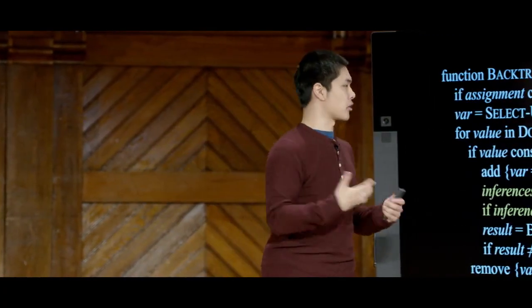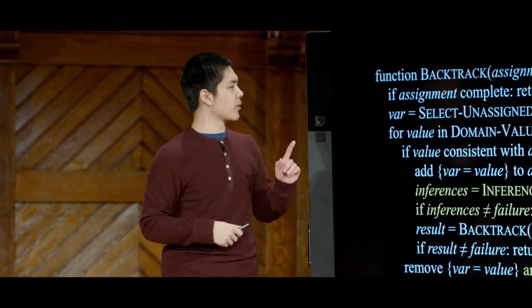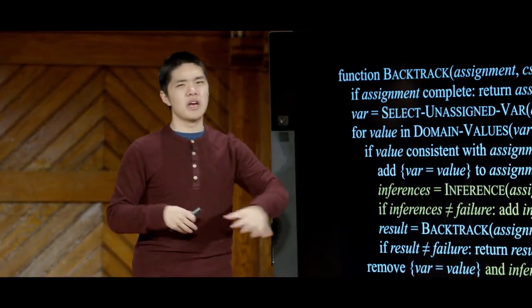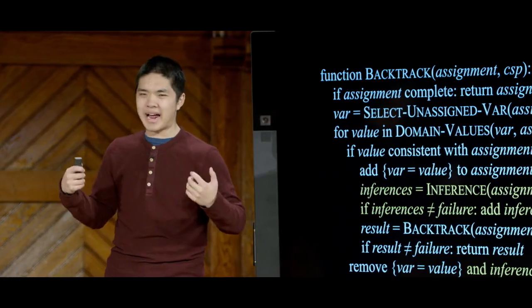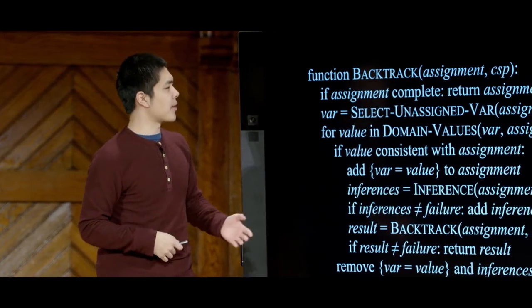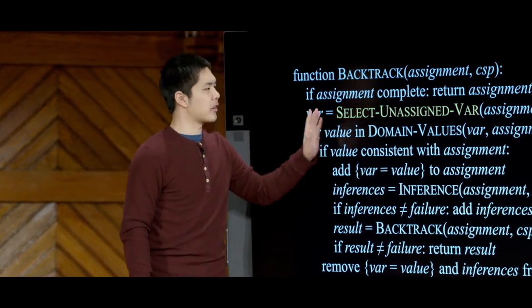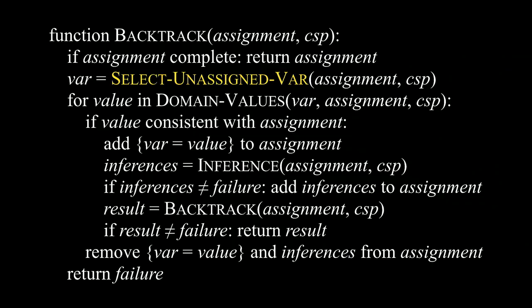And it turns out there are other heuristics we can use to try and improve the efficiency of our search process as well. And it really boils down to a couple of these functions that I've talked about, but we haven't really talked about how they're working. And one of them is this function here, select unassigned variable, where we're selecting some variable in the constraint satisfaction problem that has not yet been assigned.